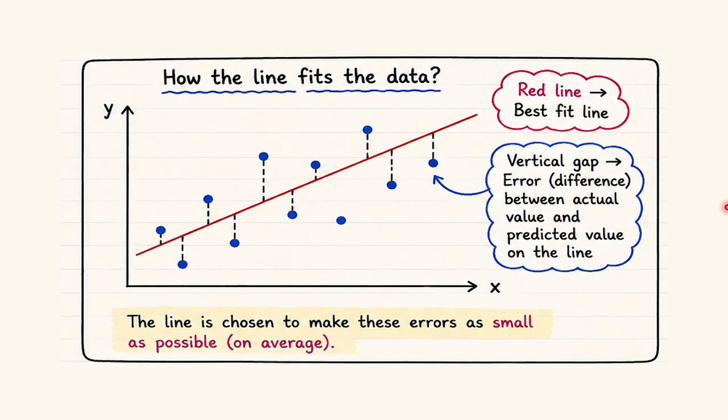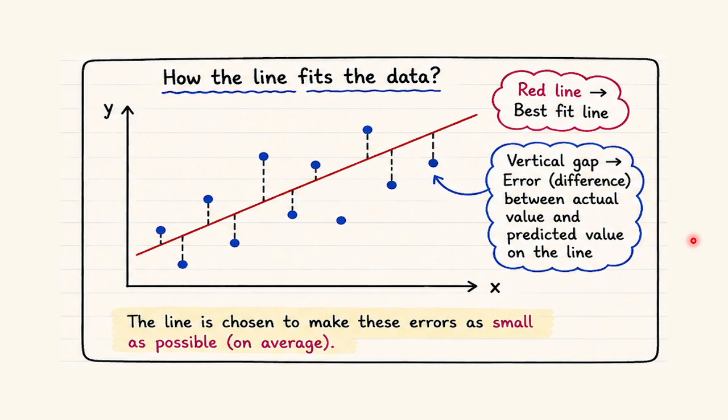Now if you look at the graph, you can see a vertical gap over here. This is a vertical gap. So what does this vertical gap represent? This gap actually represents the error. More technically, it is called the residual. This is the correct technical word.